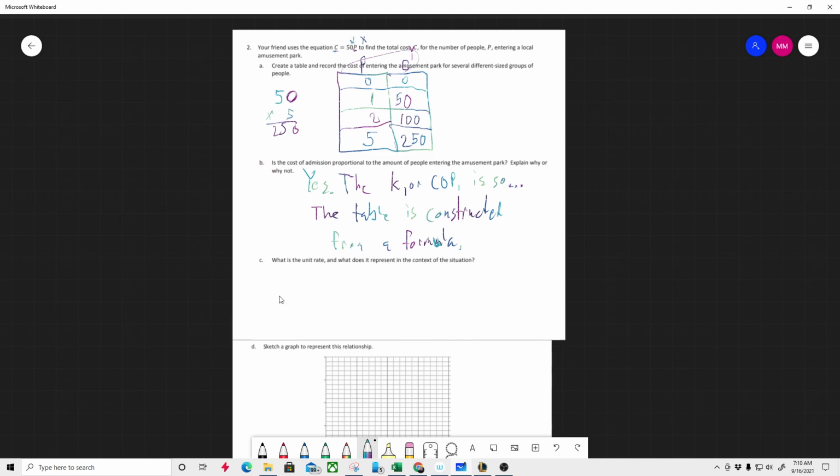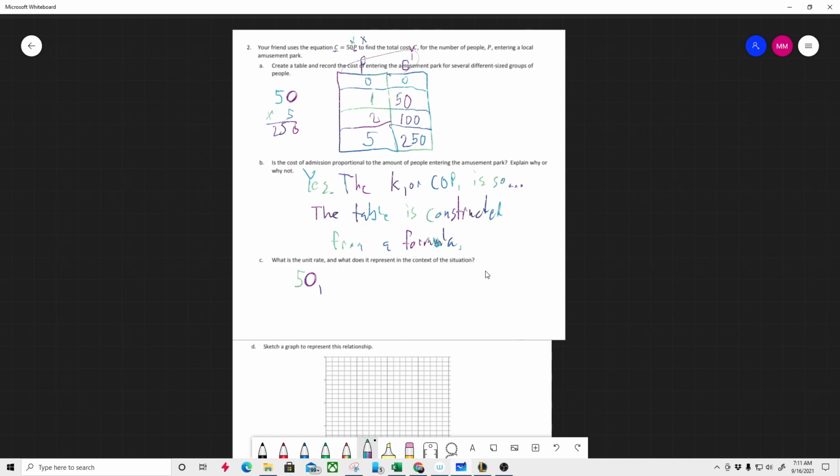All right, so see, it says what is the unit rate and what does it represent in the context of the situation? Well, this is just checking to see if we are paying attention, because the constant of proportionality, this 50, and this unit rate, it's all the same. So 50, comma. And what does it represent? Well, C is the cost.